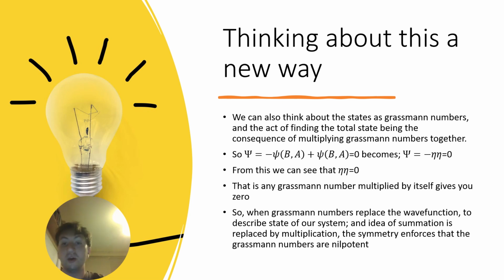Now, I could go into a lot more depth, and you only really need to start using Grassmann numbers in supersymmetry, and it's very handy in quantum field theory when talking about particles that make up matter.